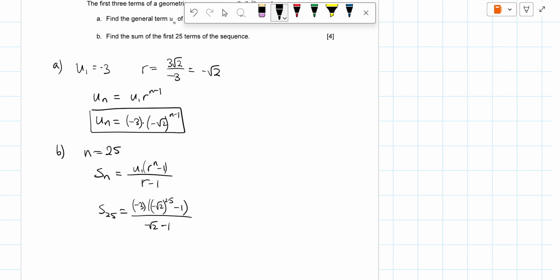I think that's all I can do for now. I can try to simplify if I wanted to, but I don't have to. At this point, we can use the calculator to compute this value. Right? So let's do that using the calculator.